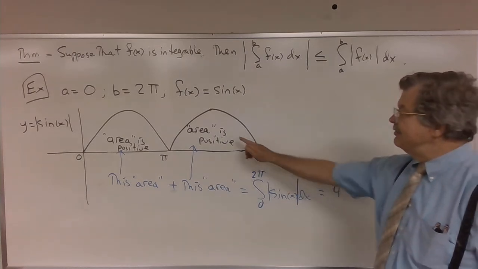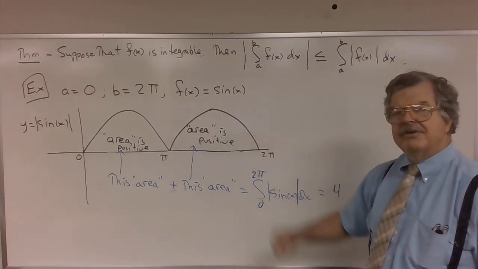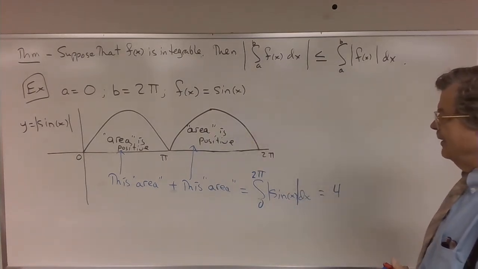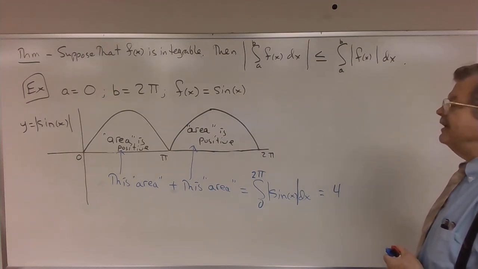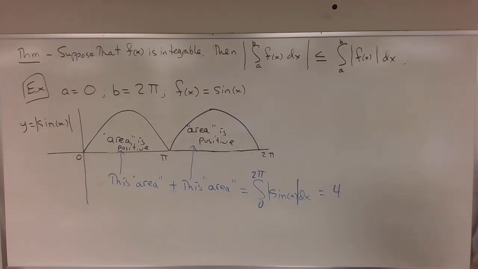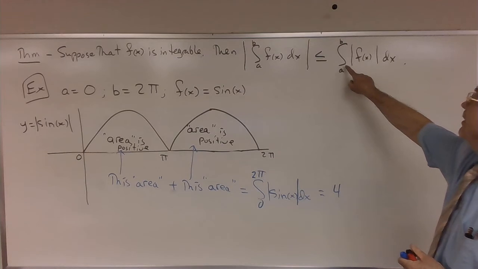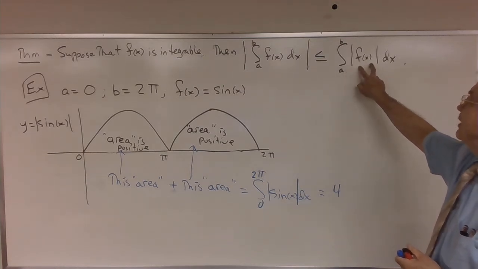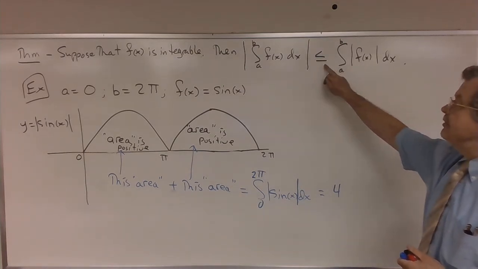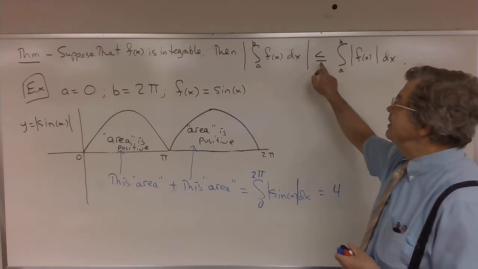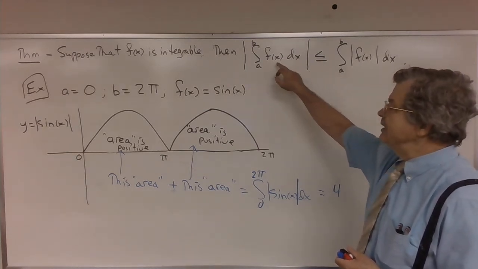The area of each one of these regions is 2. We add them together, we get 4. So essentially, this is a graphic illustration of why the integral of the absolute value of a function is greater than or equal to the absolute value of the integral of the function.